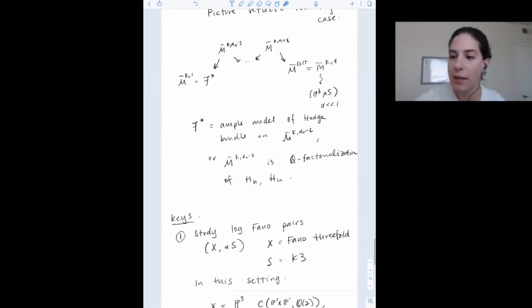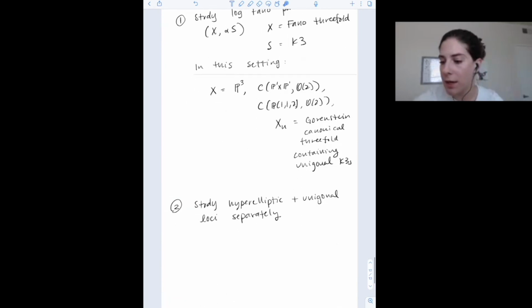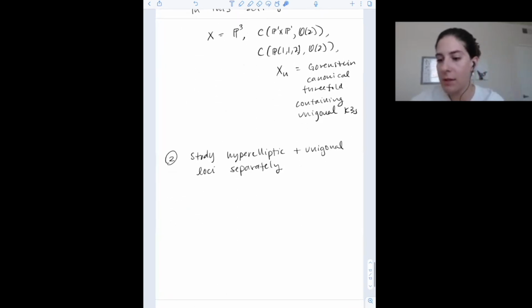So until this last wall that contracts some small stuff into F star, these divisors are disjoint. And so studying them separately works perfectly. And maybe surprisingly, the unigonal case is much easier. There's only one wall, it just extracts the unigonal divisor, and that's all you have to do.